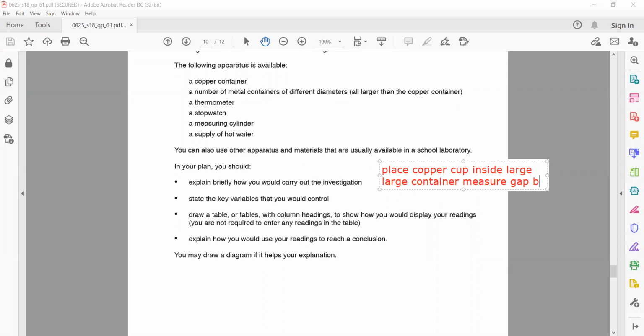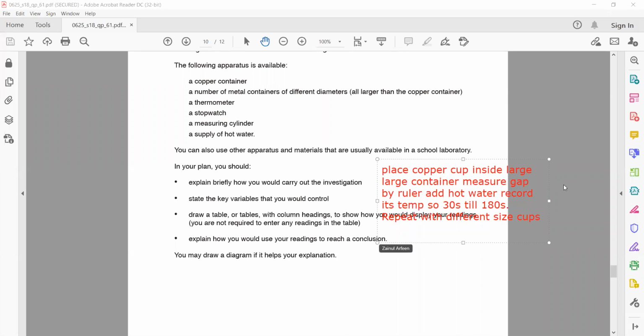So we'll measure the gap with a ruler, and then we will add hot water and record its temperature at 30-second intervals till 3 minutes or 180 seconds. Then we will repeat the procedure with different cups or different size cups. That is the procedure.